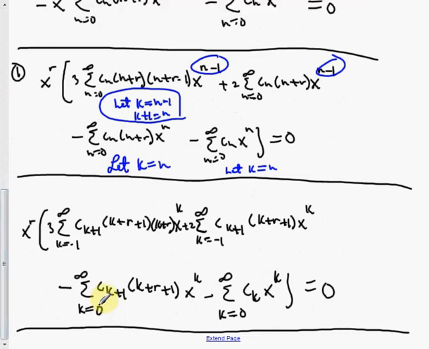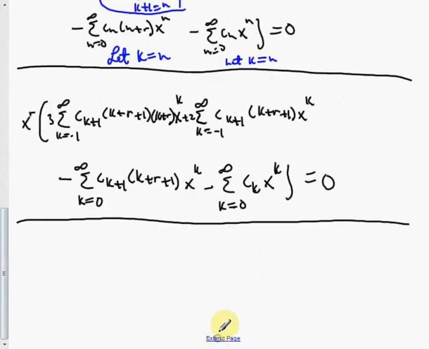All right. And so that last summation is fine, and this is x to the k. And that's good. So they all have x to the k in them.